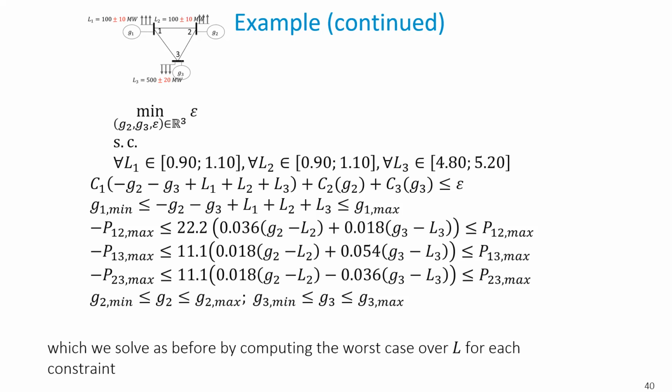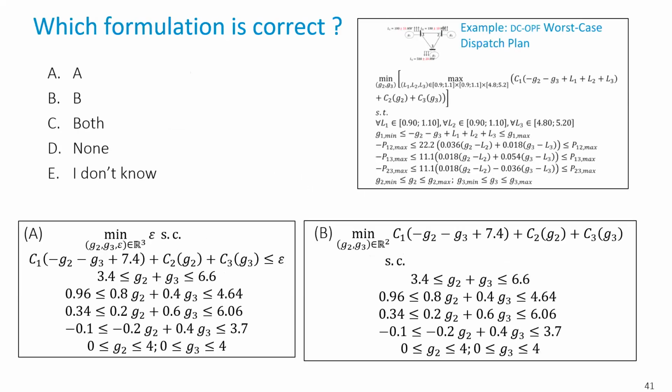And we have seen how to get rid of the quantifier. By the way, here are 2 tentative solutions to this problem where we have no quantifier. Which of these is a correct one, do you think, if any?